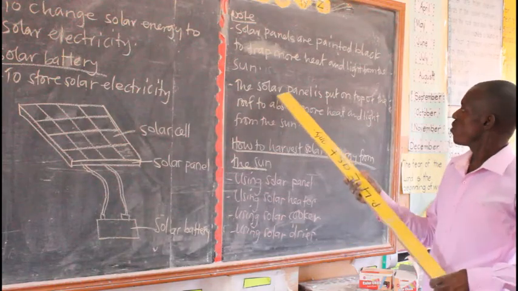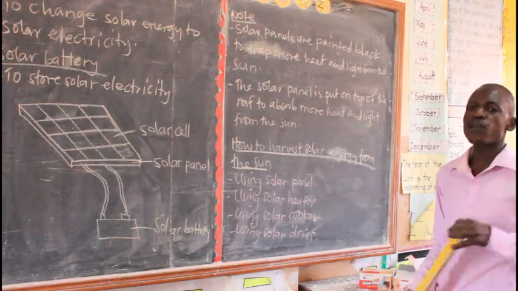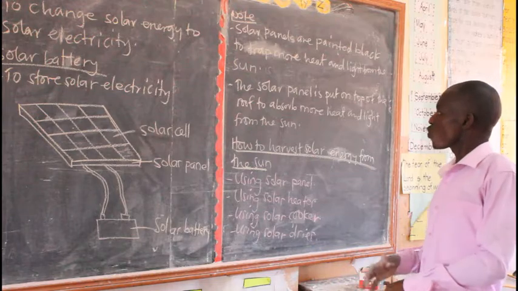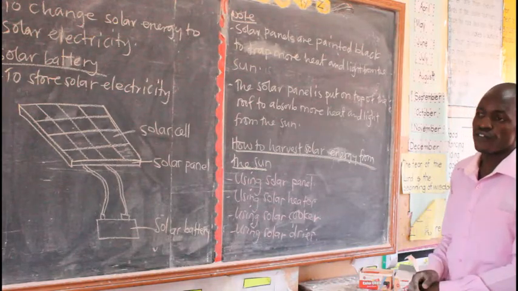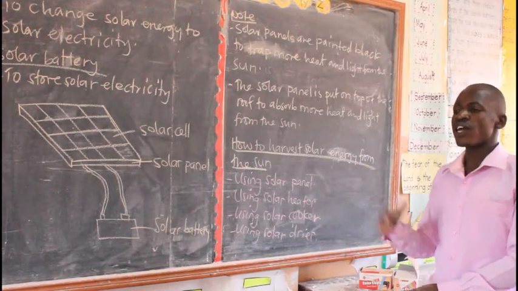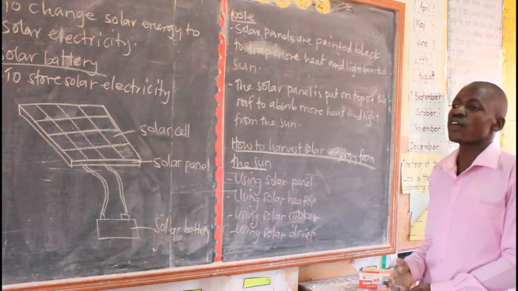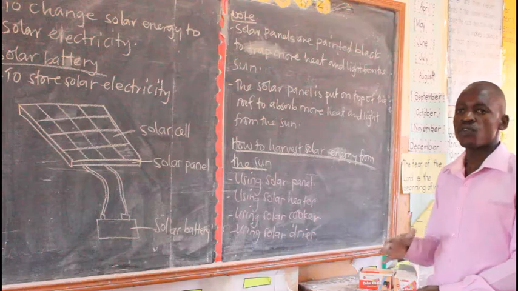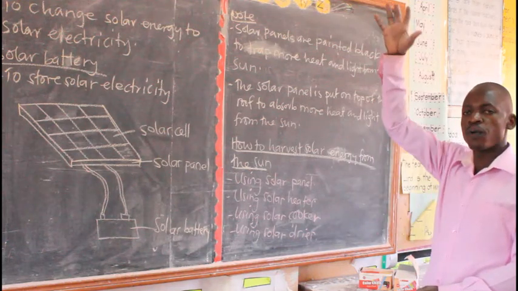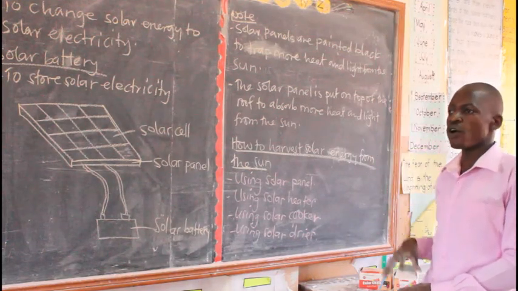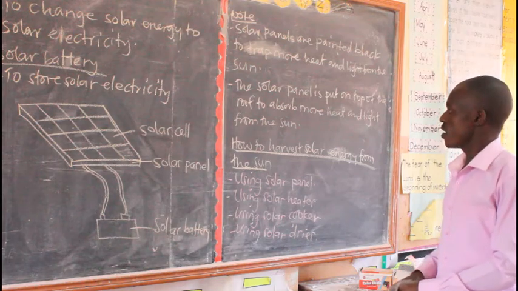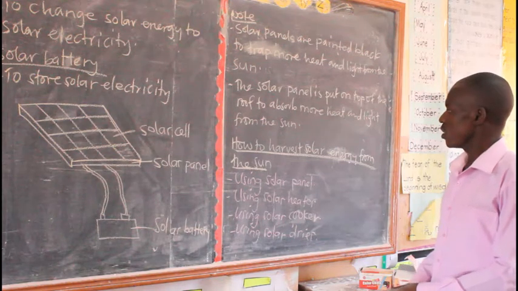Still, the solar panel is also put on top of the roof in order to absorb more heat and light from the sun. You don't buy your solar panel and put it inside the house. It will not get enough sunlight. So you are supposed to put your solar panel on top of the roof so that it can get more heat and light from the sun.